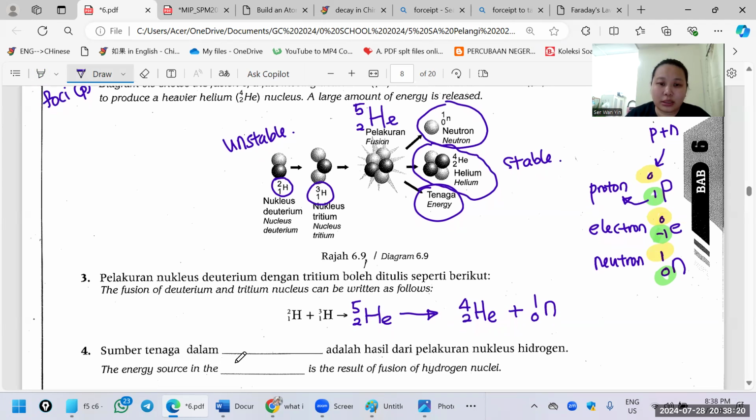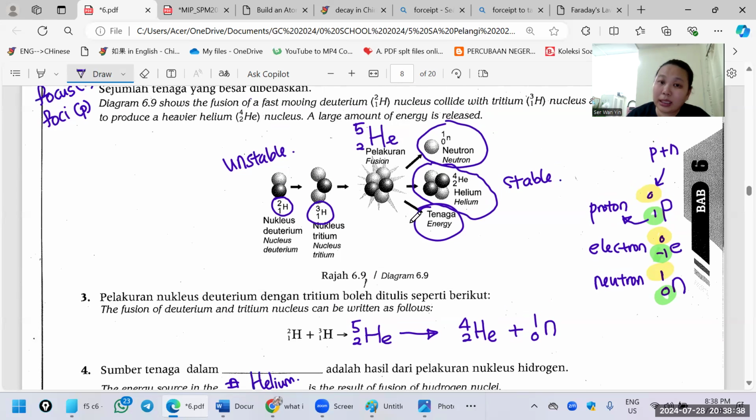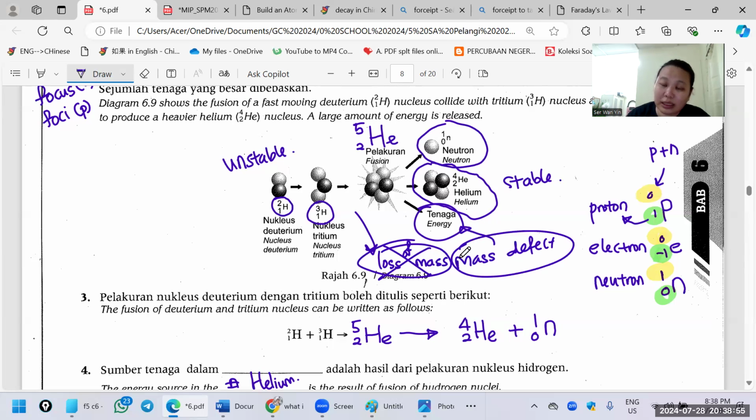Okay, the energy source in the helium nucleus is the result of fusion of hydrogen nuclei. So same thing, when they combine, they also need to lose some mass. The loss of mass we call mass defect, and this mass defect turns into nuclear energy.